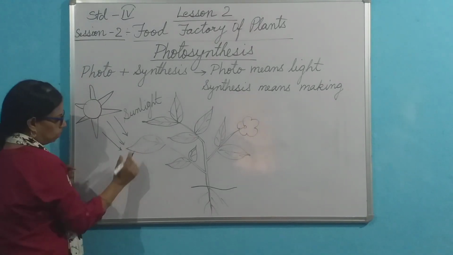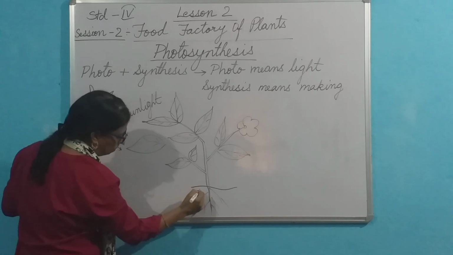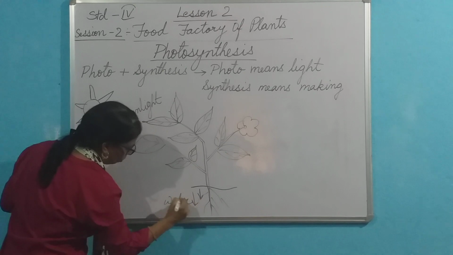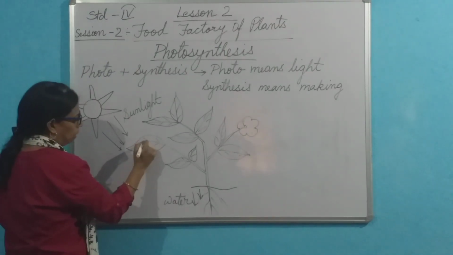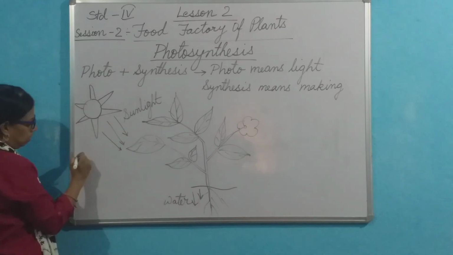In these leaves, from this side, the plant is getting water from the root. And here the green pigment in the leaf traps the sunlight.